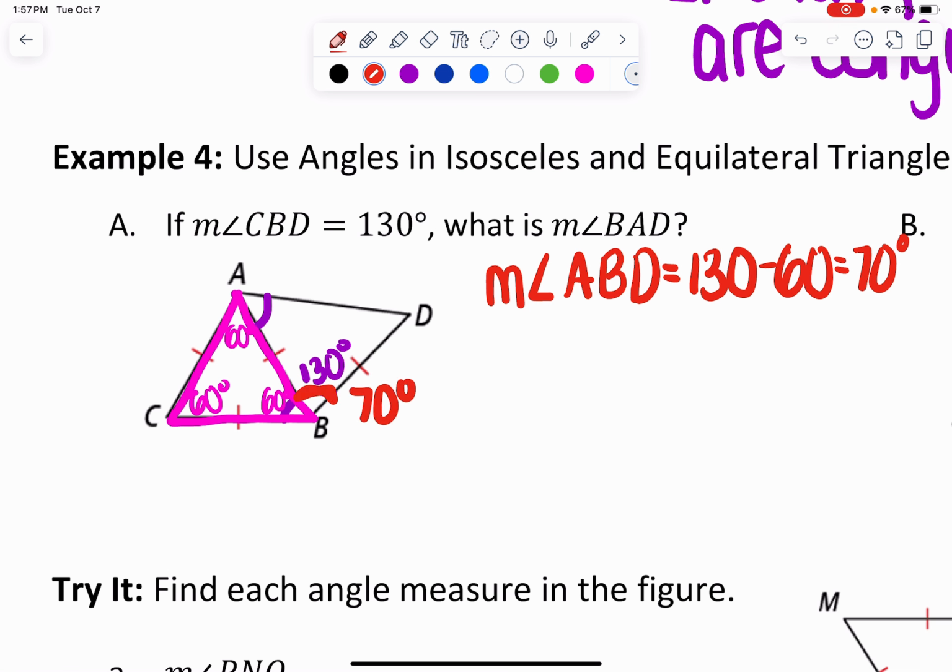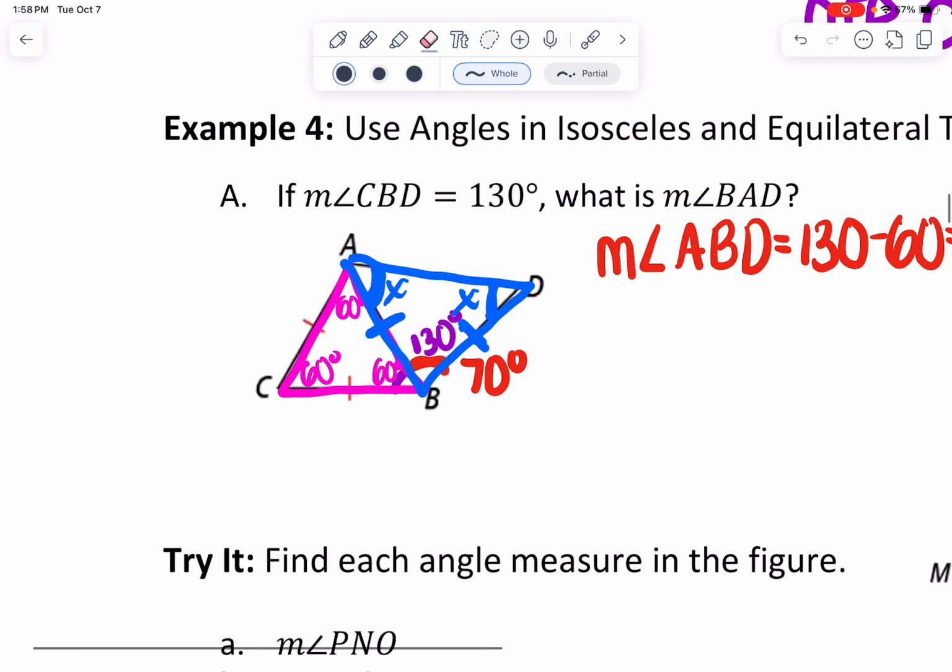That's 70 degrees. But now I'm going to use the isosceles triangle theorem. These two are congruent, meaning this angle and this angle are congruent. Now, I don't know what that is, so I'm just going to label that as x and x. They are the same value. But now, don't look at the 130. I'll erase that.